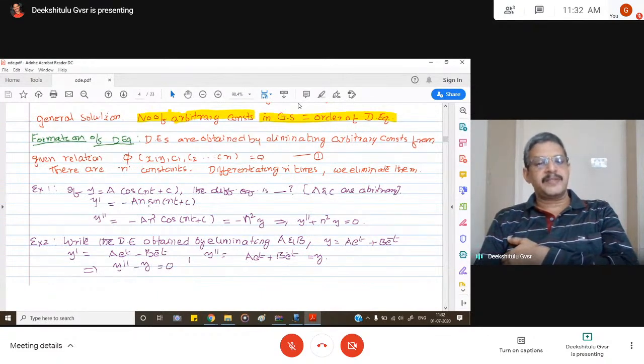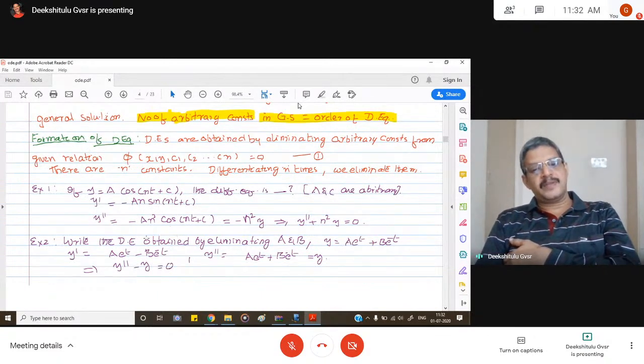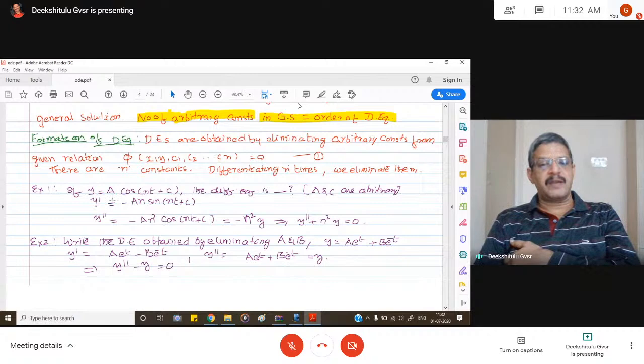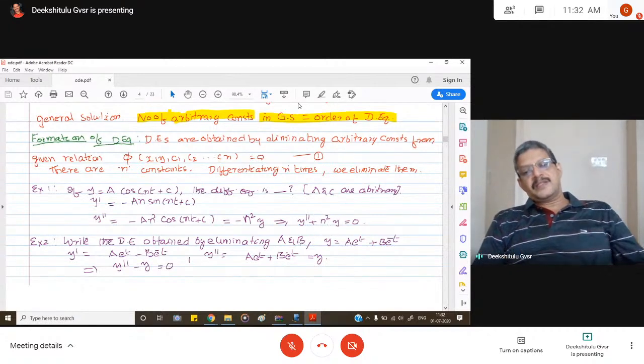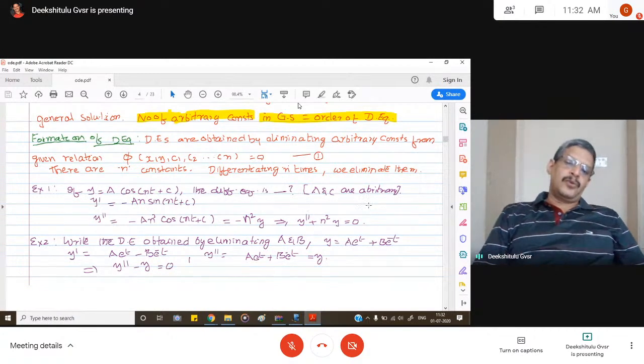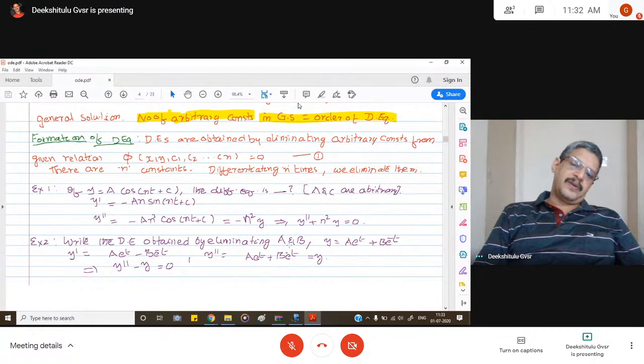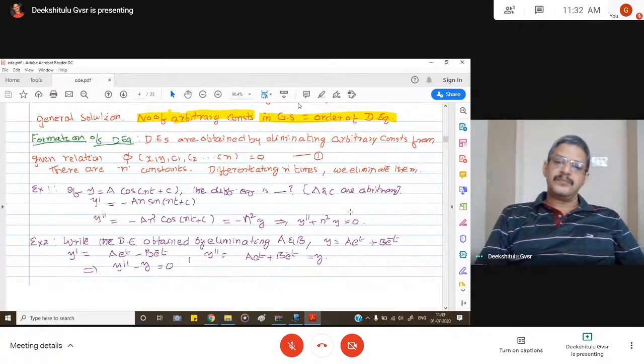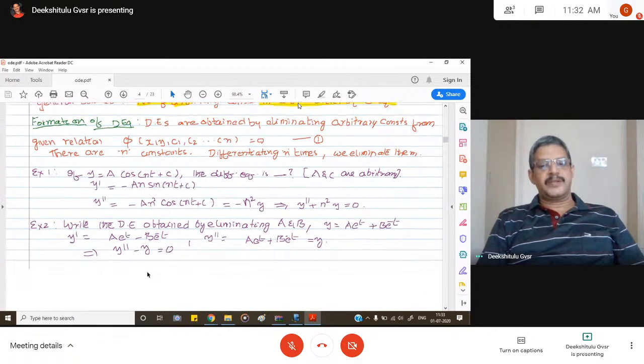It becomes minus a n square cos(nt plus c). But what is a cos(nt plus c)? This is y. So you can write this as minus n square times y, and the equation is y double dash plus n square y is equal to 0. Do you know what this equation is? This is the simple harmonic equation, the wave equation, the simple harmonic motion equation.